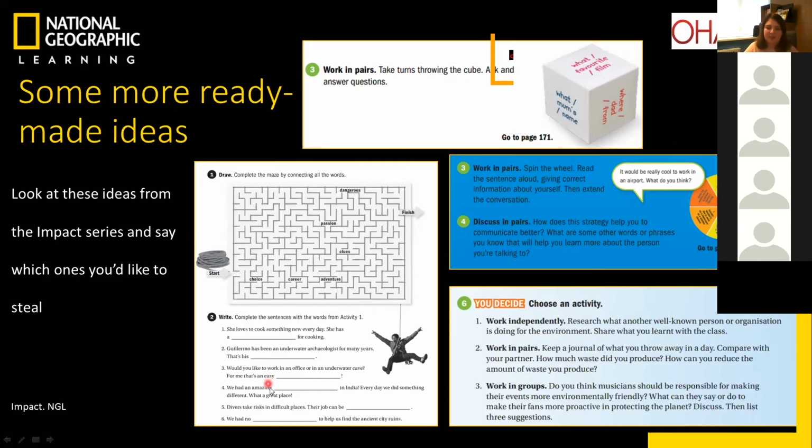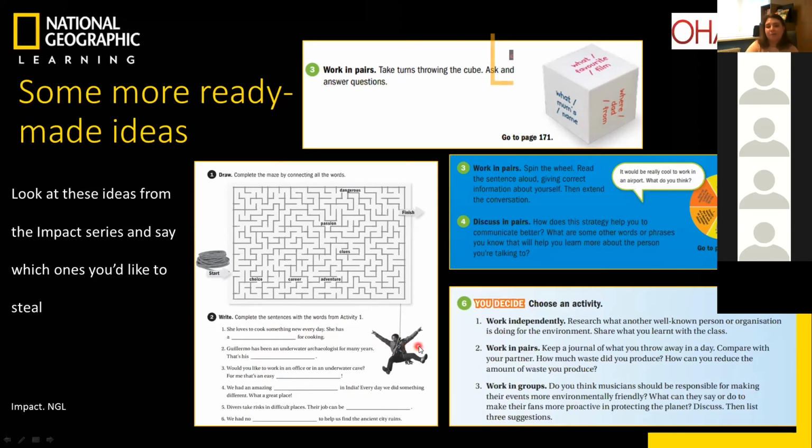They are supposed to write the words in the sentences, and as a follow-up for this task, they can again work together and think of what sentences they can write afterwards.